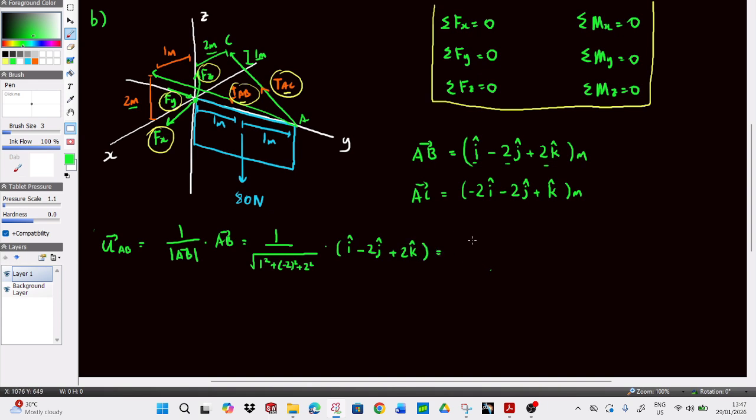Therefore your final answer would be 1 over the square root of 1 squared plus negative 2 squared plus 2 squared. This is 1 over 3. So it's simply going to be 1 over 3 I, minus 2 over 3 J, plus 2 over 3 K. And remember, in vectors, you can express it very simply, like this, as 1 over 3, negative 2 over 3, and 2 over 3, which I'm going to do.